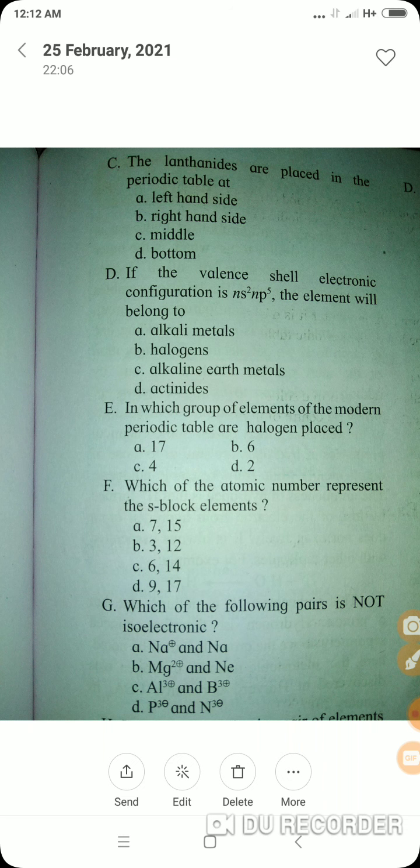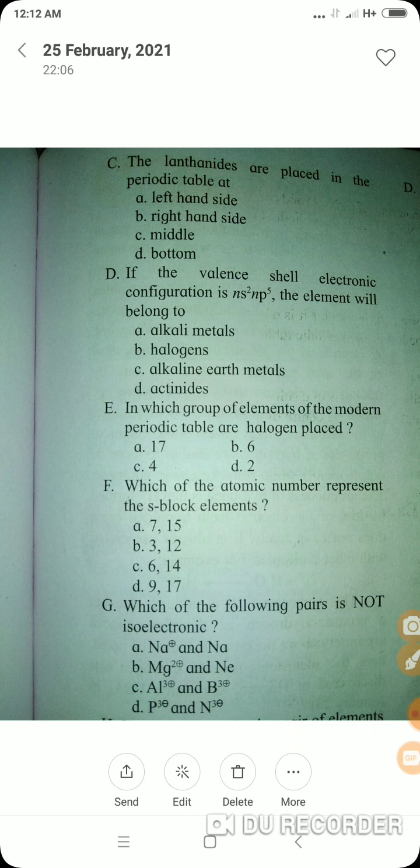Here the electronic configuration is ns2 np5, which means the valence shell contains a total of 5 plus 2, that is 7 electrons, and elements having 7 electrons in the valence shell are the halogens. So the correct answer is option B, halogens.